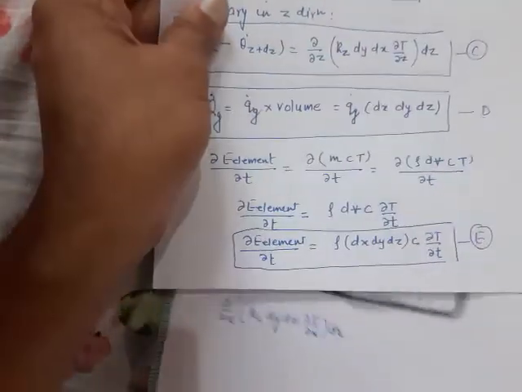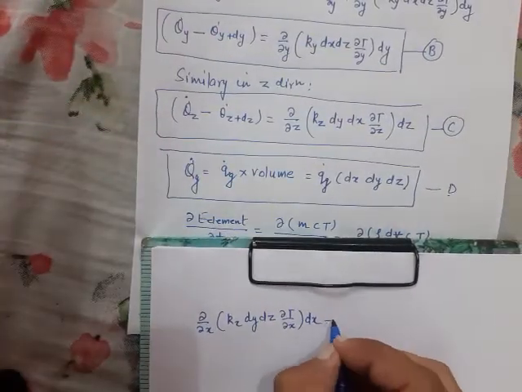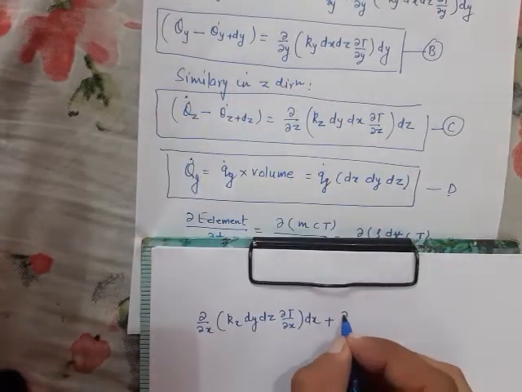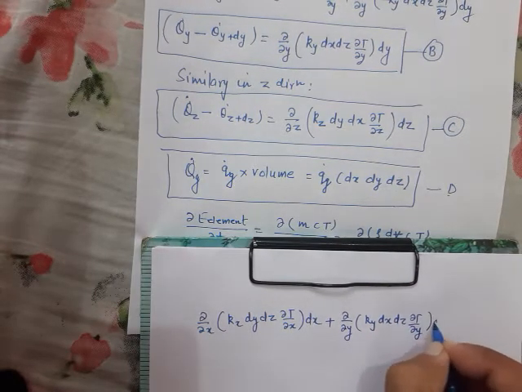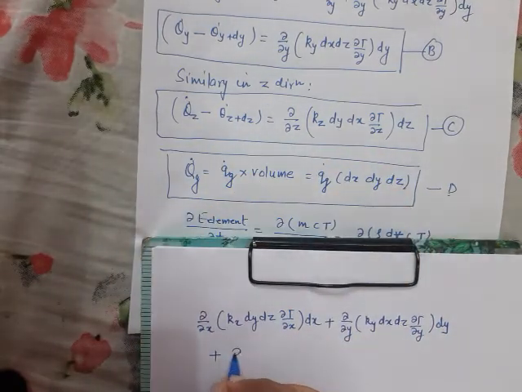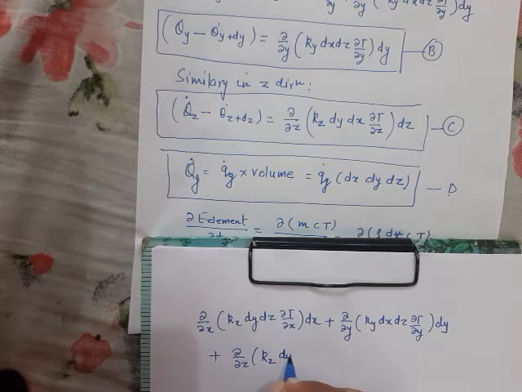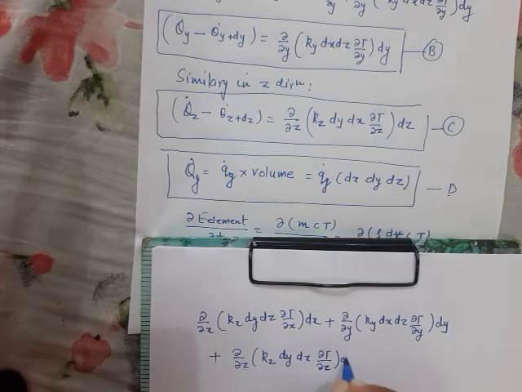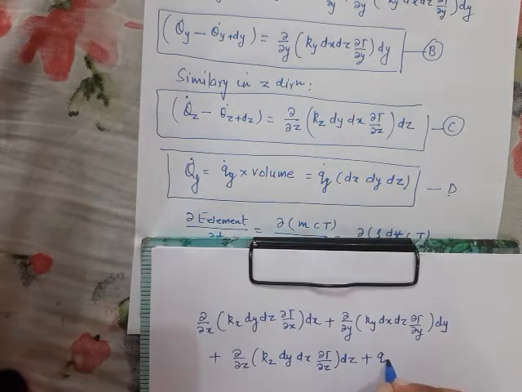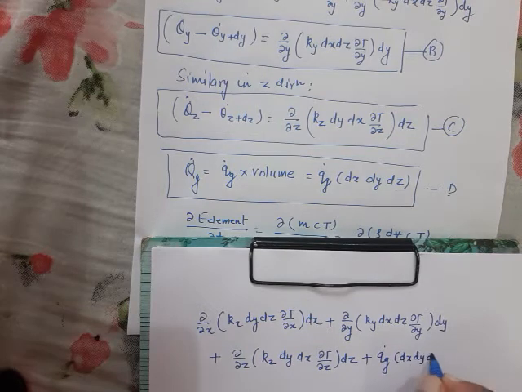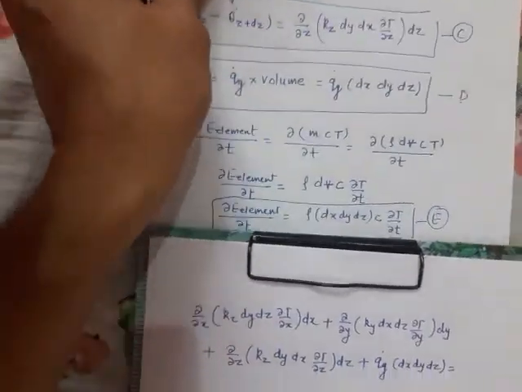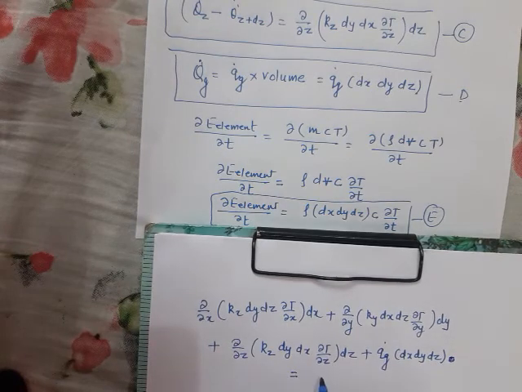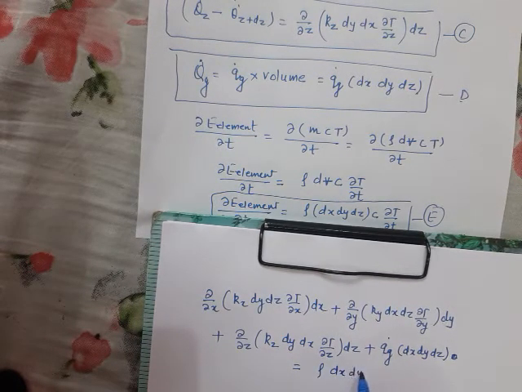Likewise, qy and qz in y and z directions, plus this term, del upon del y of ky dx dz del T upon del y into dy, plus now in z direction, del upon del z of kz dy dx del T upon del z dz, plus now the heat generation, q dot g dx dy dz, is equal to the rate of change of energy content of the element, which is finally rho dx dy dz into del T upon del t.